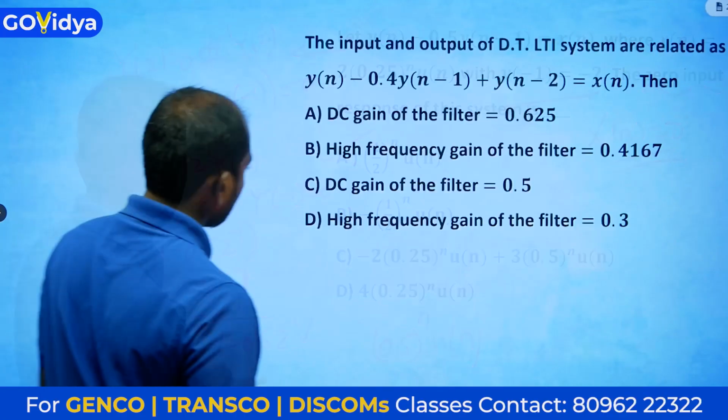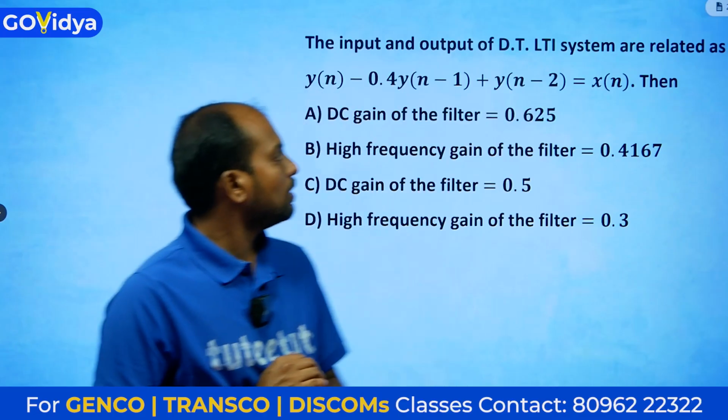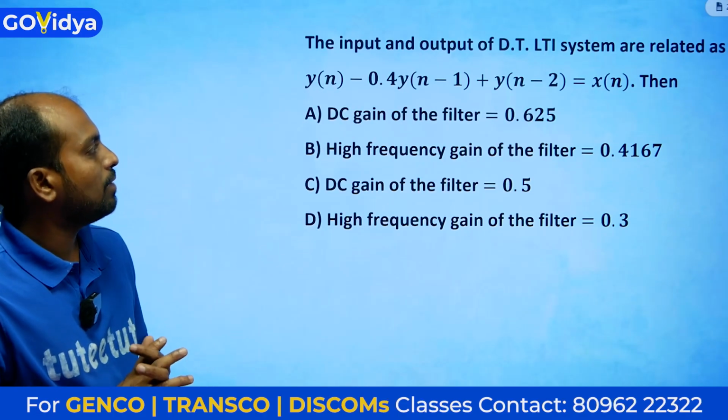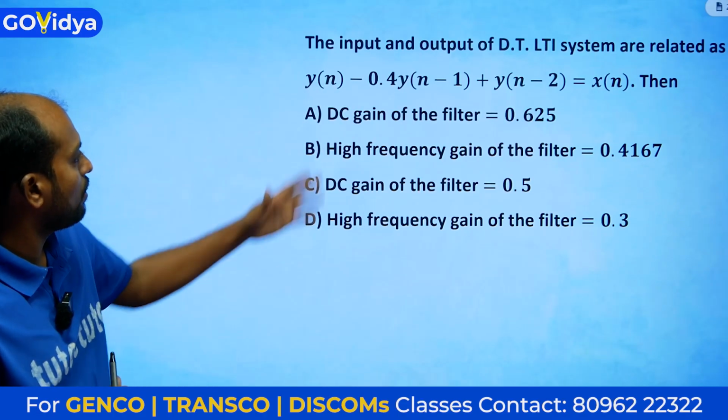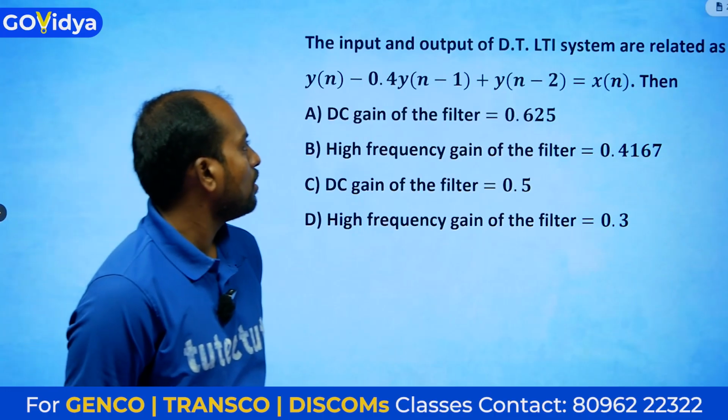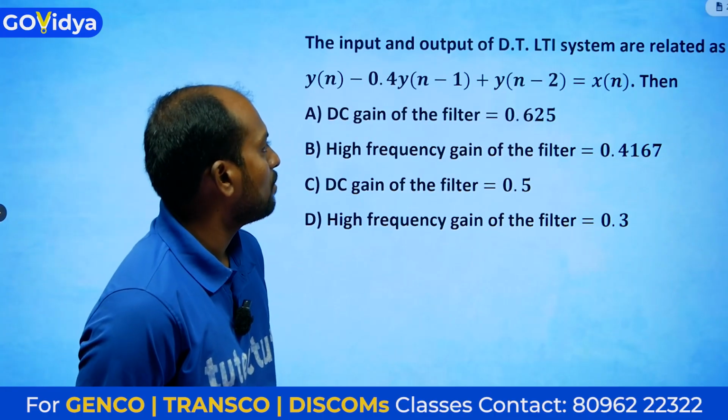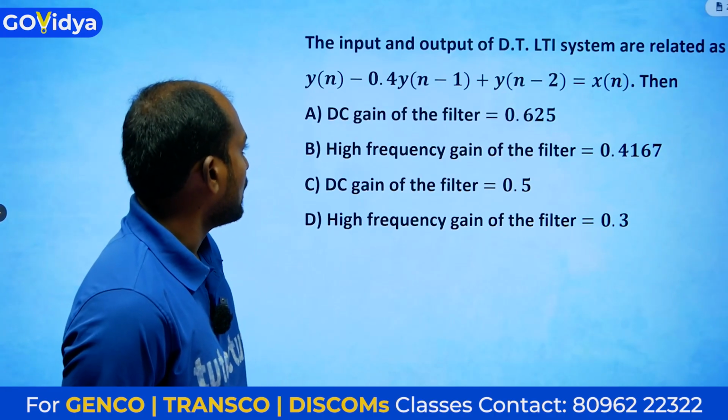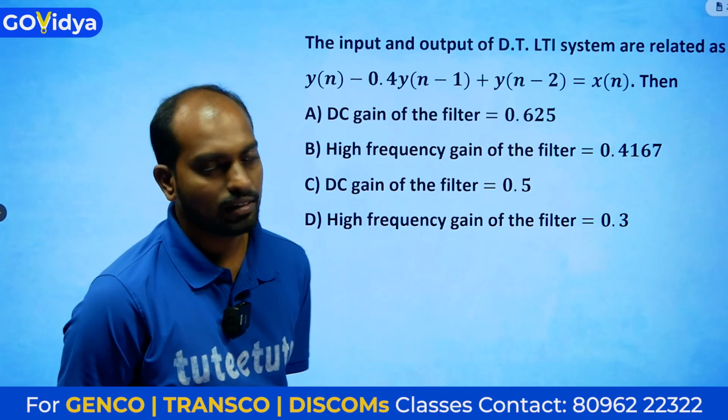The input and output of a discrete time LTI system are related as y of n minus 0.4 y of n minus 1 plus y of n minus 2 is equal to x of n. It asks for the DC gain and also the high frequency gain.